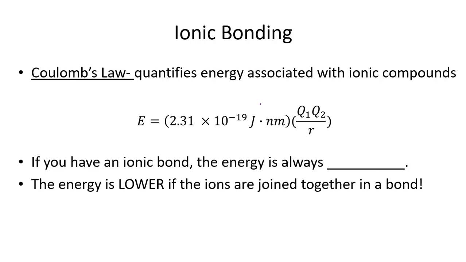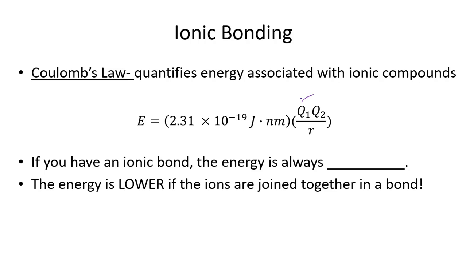So for ionic bonding, we have something called Coulomb's law, which is a law that quantitates the amount of energy associated with these ionic compounds. What you see here is an equation: energy equals 2.31 times 10 to the negative 19 joules times nanometers, and then your Q's.